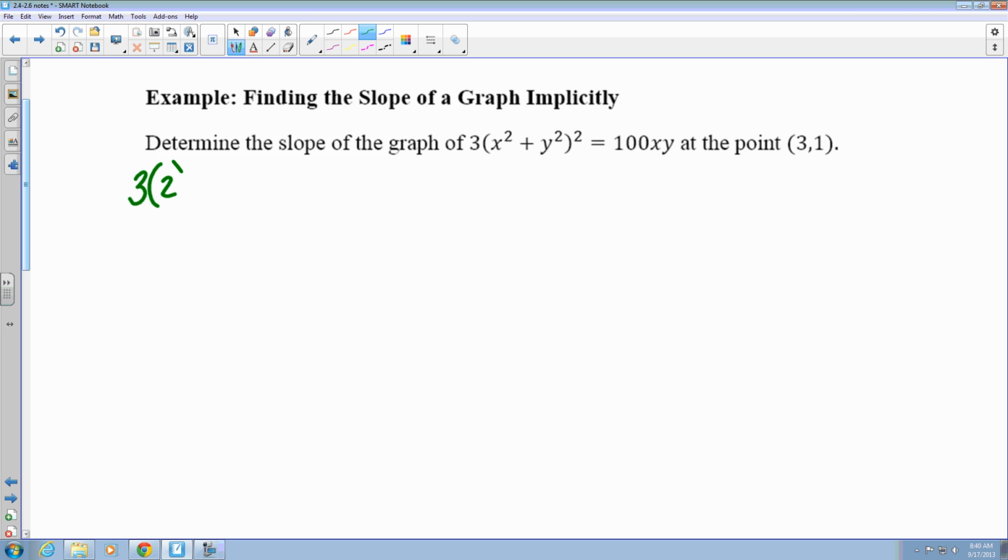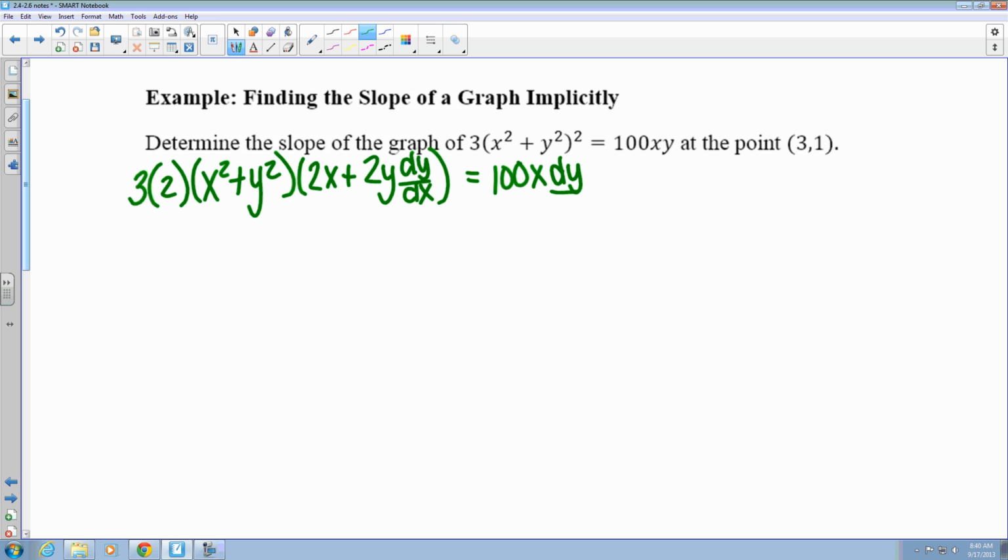Take the 3, the chain rule, times the derivative of the inside. The right side is the product rule. 100x dy dx plus 100y. Now we want to get all the dy dx terms on one side, so we actually have to distribute through on that left side.